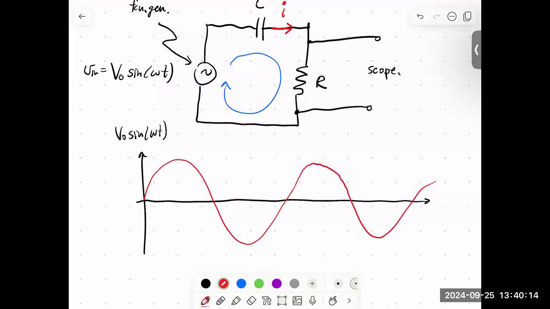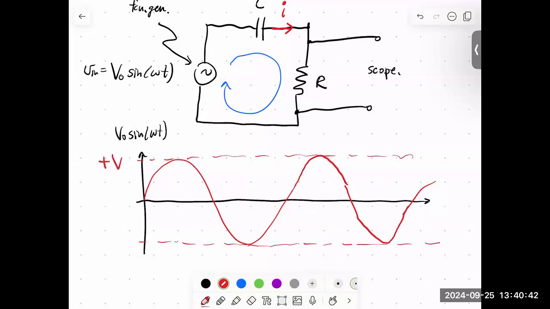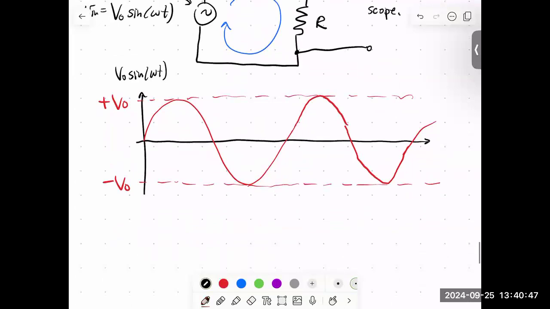What we'll have is some maximum value and a minimum value that's equal to minus that maximum. Those min and max are determined by the amplitude. So plus V naught is the maximum, and the minimum is minus V naught. So V naught is called the amplitude of our sine wave.